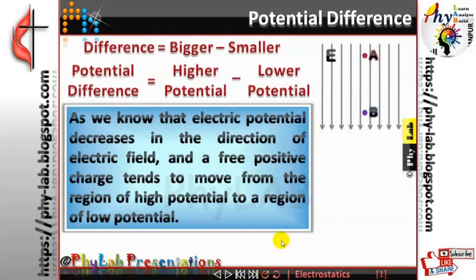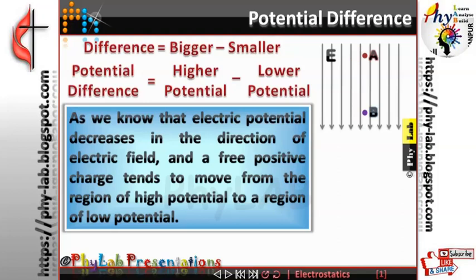So you can see the point A and point B. When I move from point A to point B, the potential would eventually decrease because I am moving in the direction of electric field. So friends, point A will be at a higher potential whereas point B will be at a lower potential.